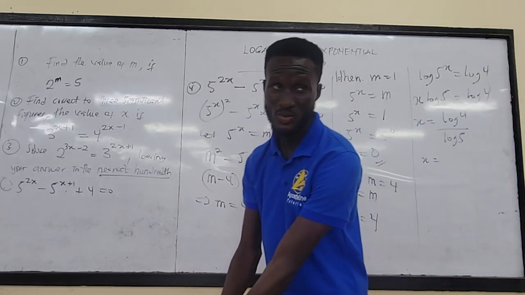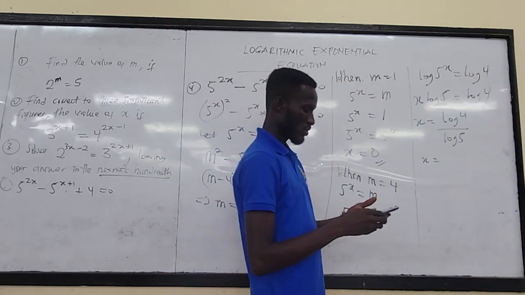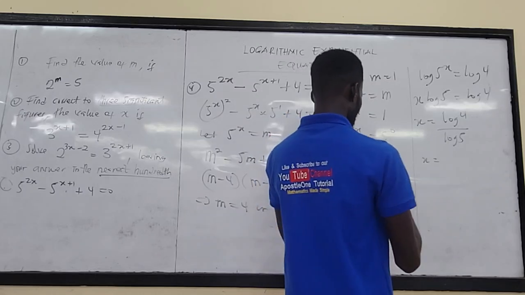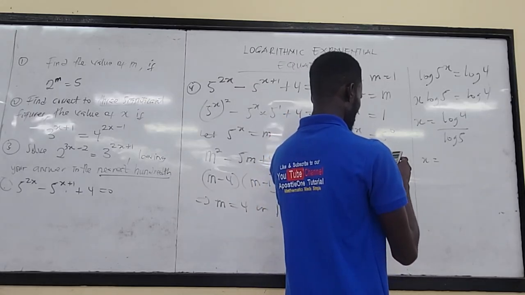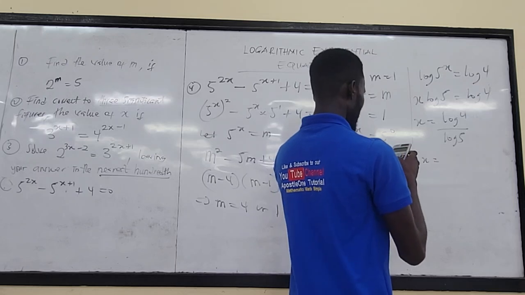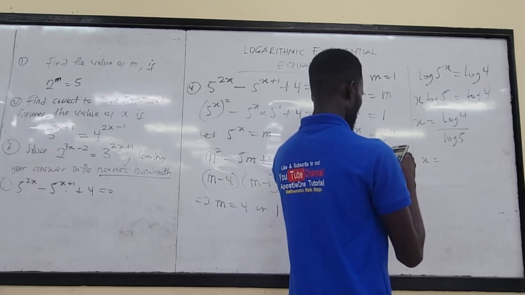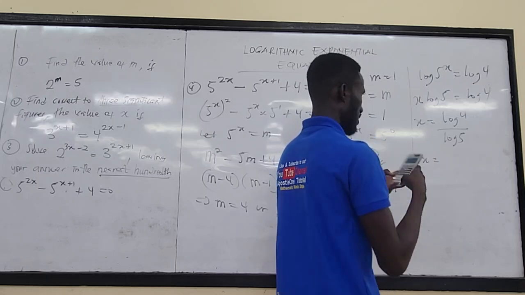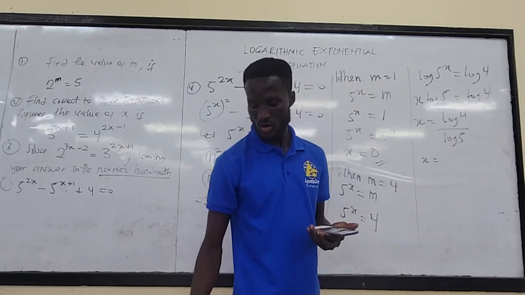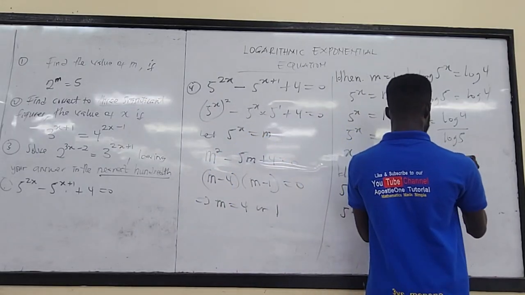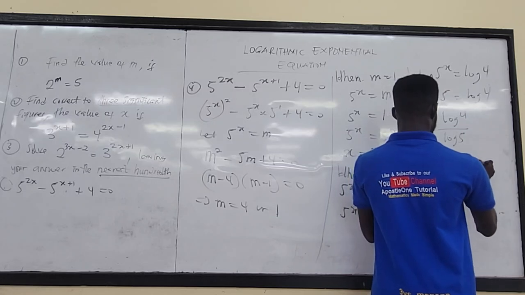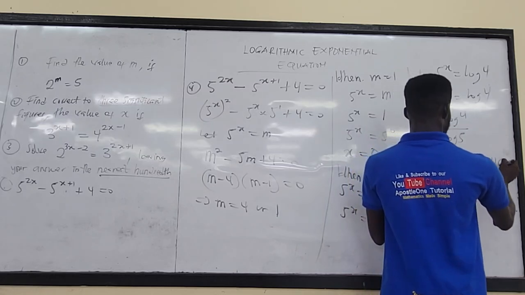Yes. Now this one I'm going to punch everything. So we have log 4 divided by log 5. Now log 4 divided by log 5, we are getting 0.861353161.